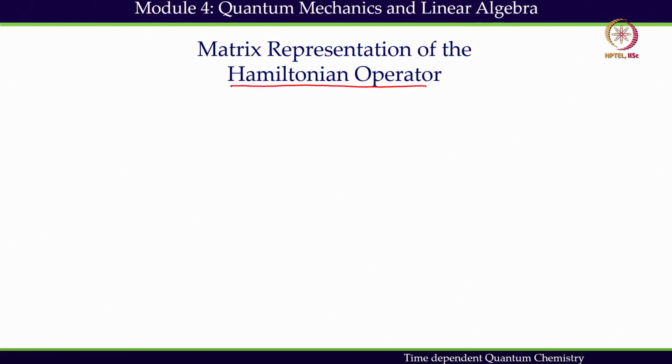So, we will move on and now look at the Hamiltonian operator. This is what we wanted to do. Under grid representation, we have used the finite difference method, and under grid representation we will represent that. The one dimensional Hamiltonian operator is going to be minus h bar square by 2m d2 dx2 plus v.